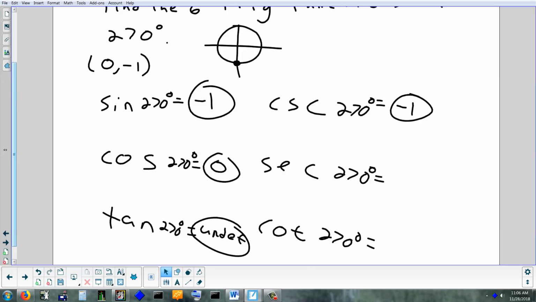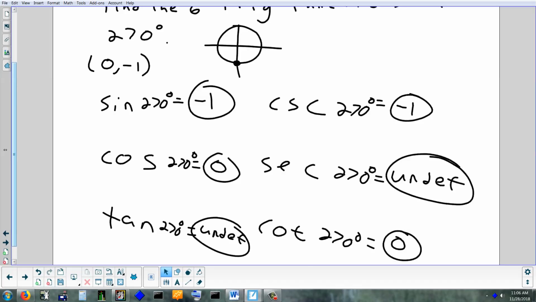What do you get when you flip 0? Chris? Would that be undefined? 0 flips, becomes undefined. So if you flip undefined, you must get 0. One changes into the other. That's it. Any questions on that one?